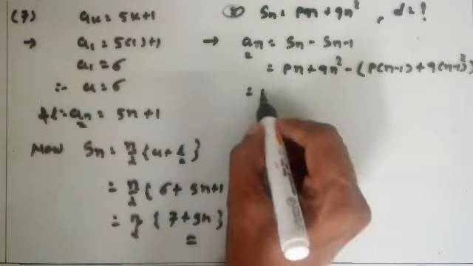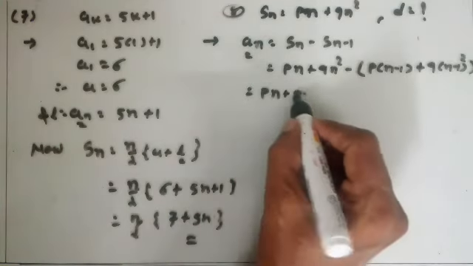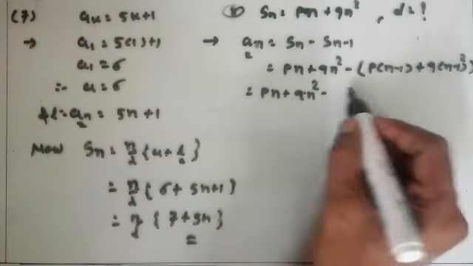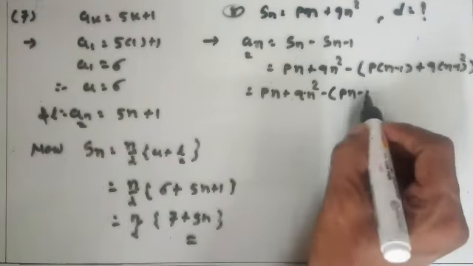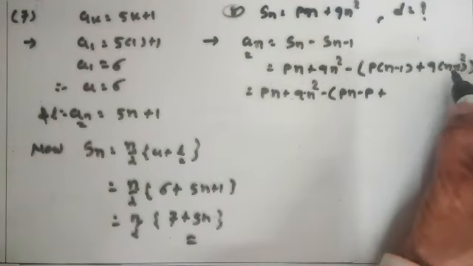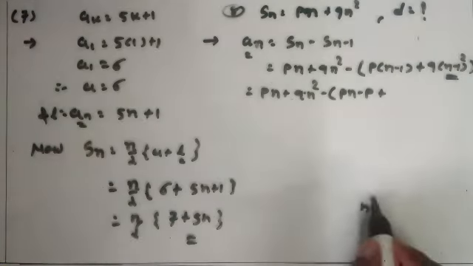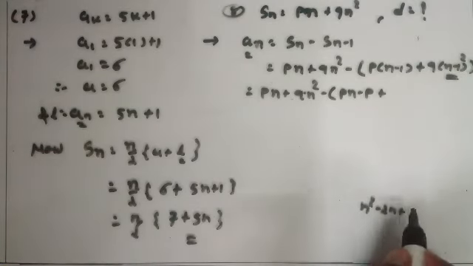So simplify this: Pn plus Qn square minus, taking P inside, Pn minus P, plus Q times n minus 1 square, which is n square minus 2n plus 1.